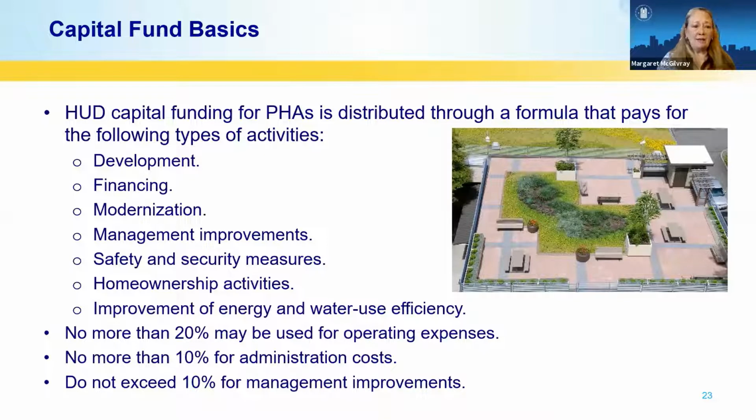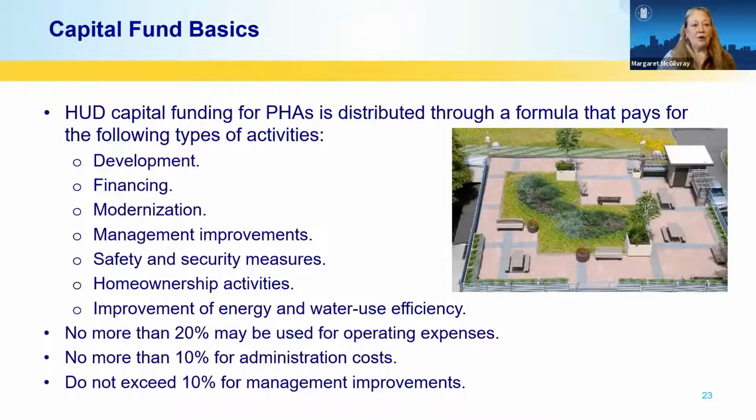Now, the caveat to that is that if you are a small housing authority of 250 units or less and are not in a troubled status, then you actually can use up to 100% of your capital fund for operating expenses. But that needs to be taken into serious consideration, because if you have capital needs, you may need to use some of this funding for those capital expenses.